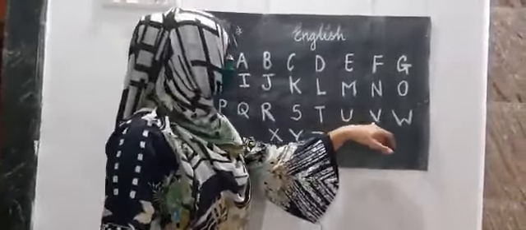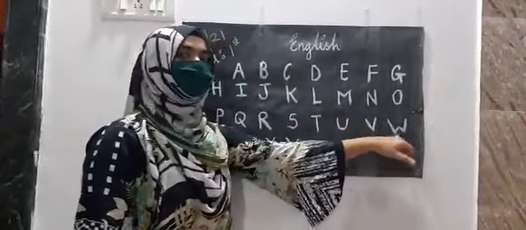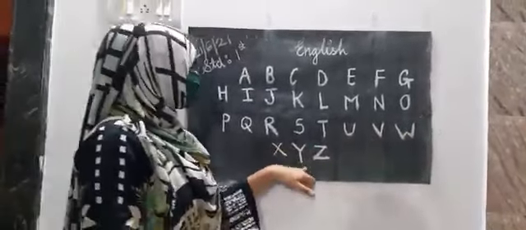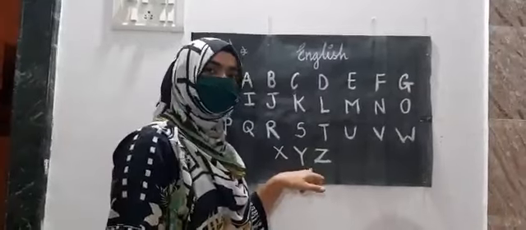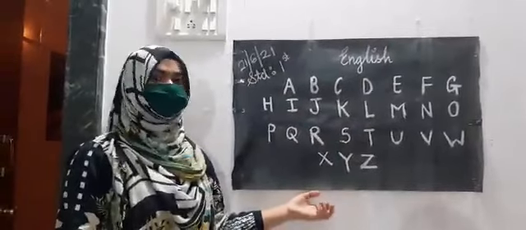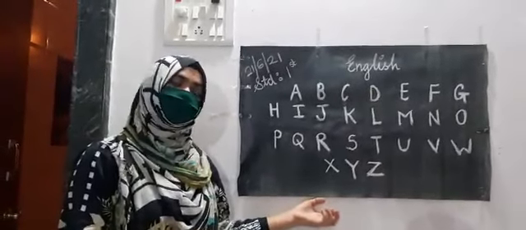U. U after V. V after W. After W which letter? X. After X, Y. After Y, which letter? Z. Yes, these are our 26 alphabets. Okay. So you write these alphabets in your notebook. Okay.